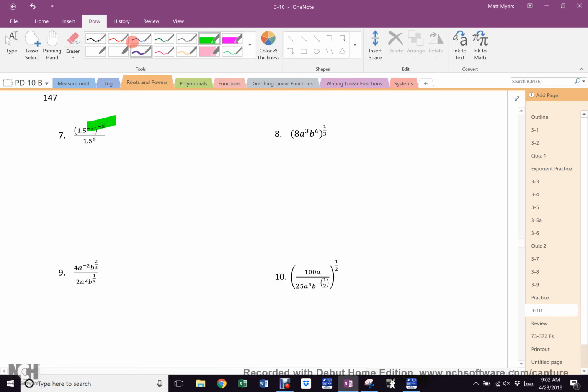So what do I get there really? 1.5 to the positive 15 over 1.5 to the 5th. How many of those 15 are disappearing? 10 are disappearing, 5 are disappearing. 1.5 to the 10th. And we can stop there, because I would never make you do that. Right? Unless you actually had your calculator. Yeah?